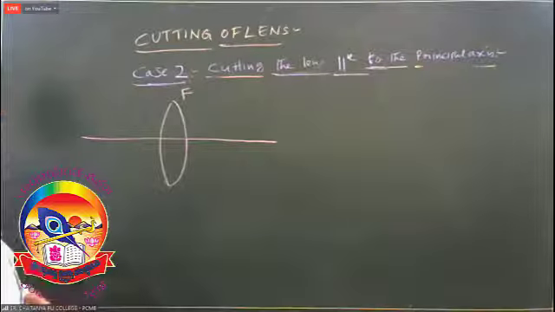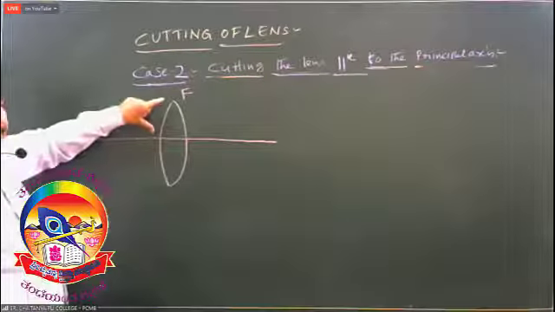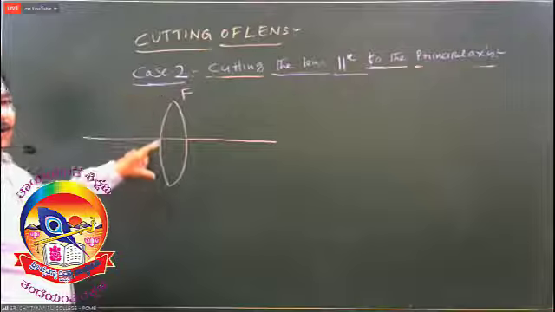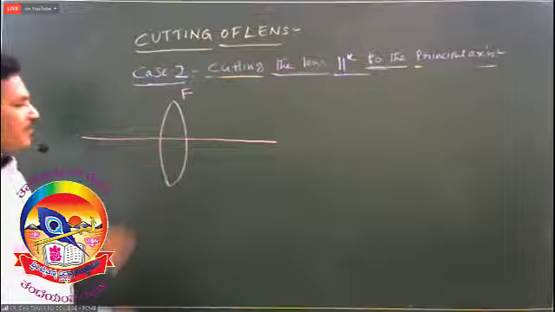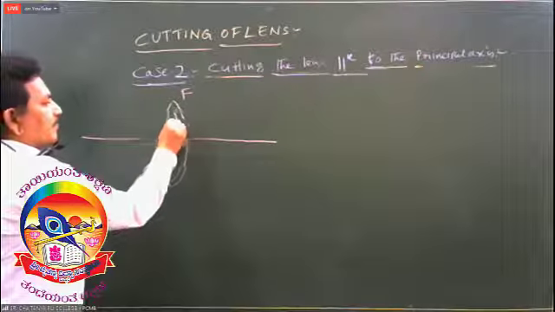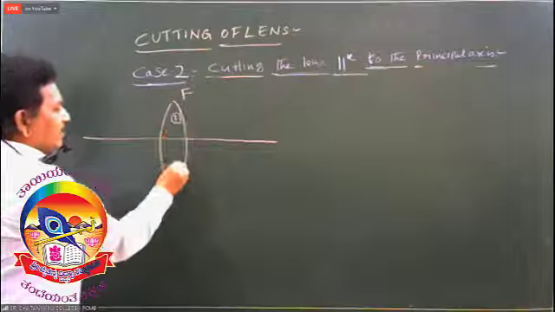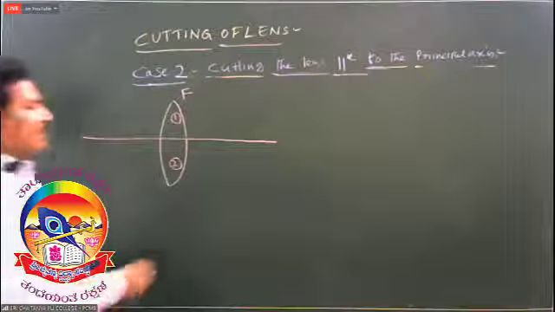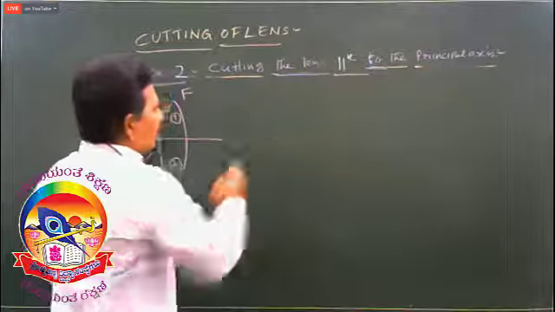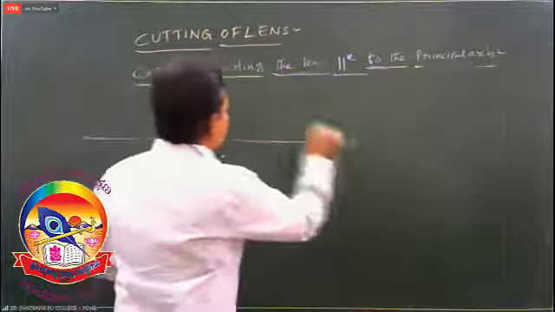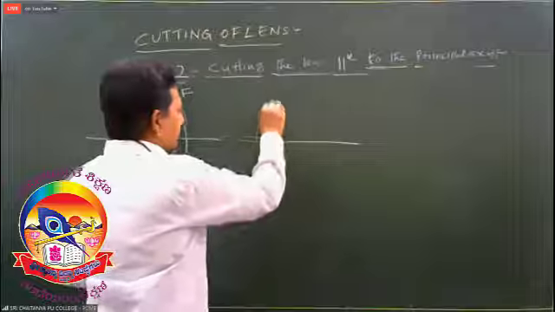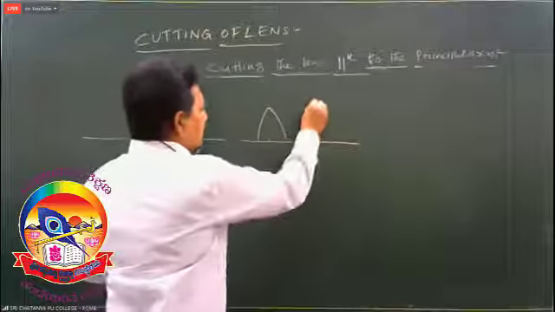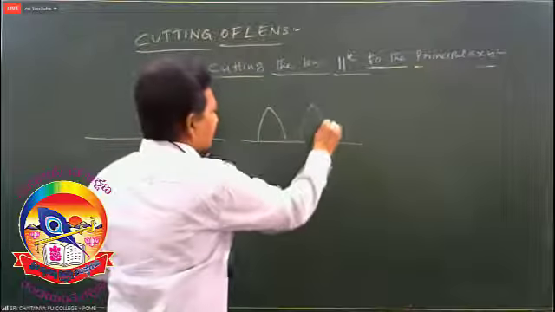Now it was cut into two pieces, upper one and lower one. This is the first piece. This is the second piece. After cutting, how will they look? So this is the first piece, this is the second piece.